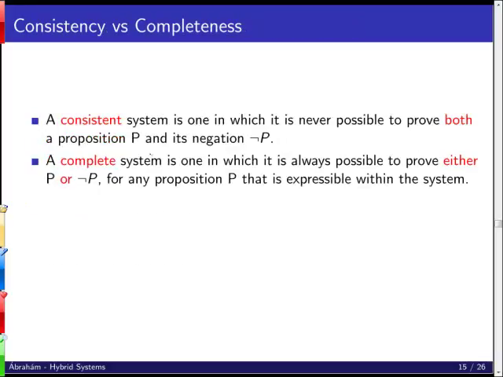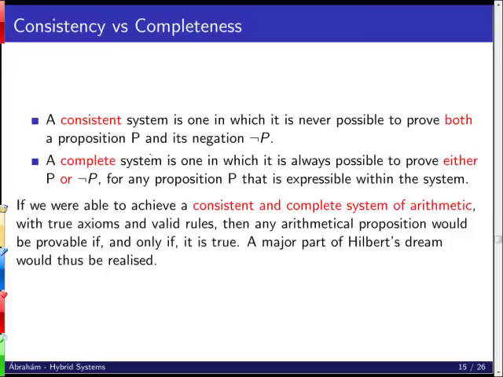And consistency and completeness are closely related, but they are still different. And if there is a mathematical theory which is consistent and complete, and it is at least as expressive as Peano arithmetic, then this is what everybody expected and what Hilbert was aiming at with his problem: to show that everything that is true is provable, and everything that you derive is true, so the mathematical building is stable.